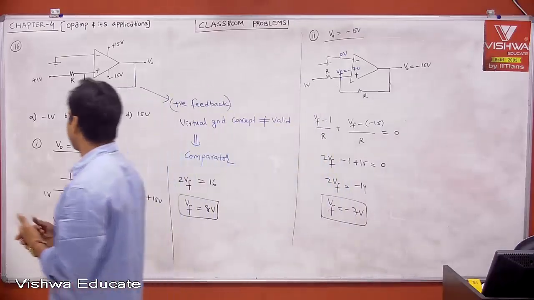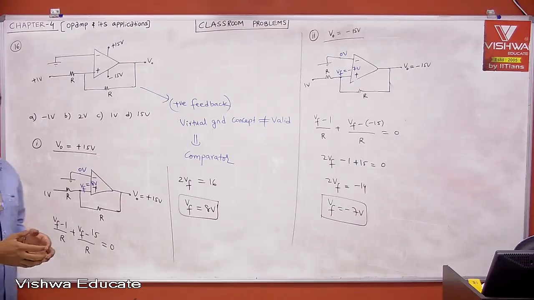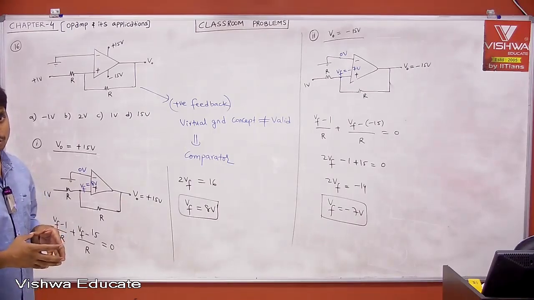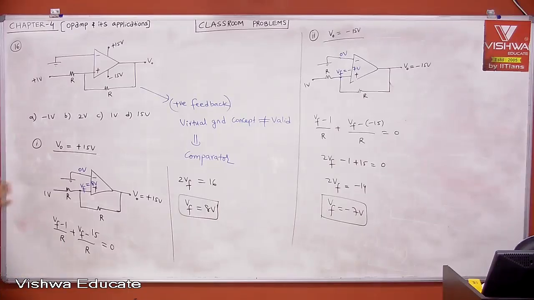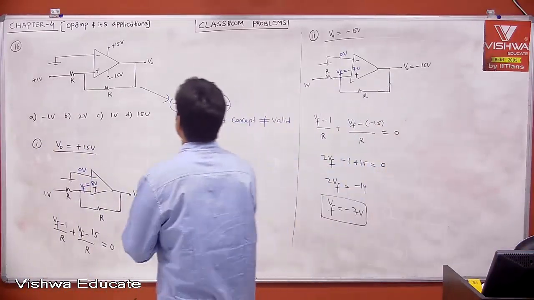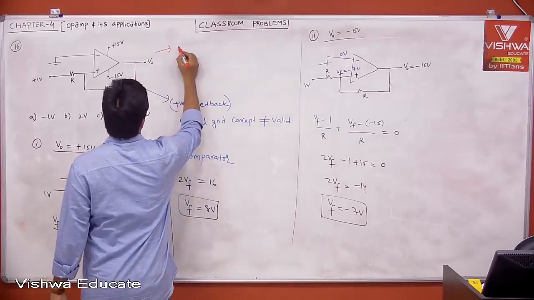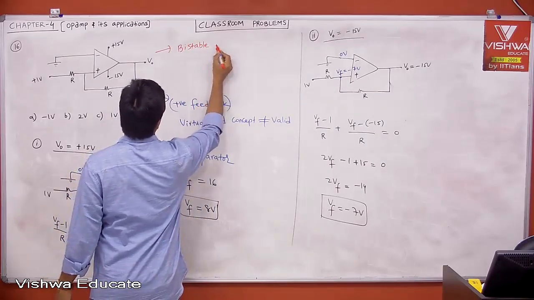The session is over. We have, I think, 2 more minutes. In the next session we will see multivibrators: bistable, monostable and astable. Okay, this is what is bistable element. If you ask me, this is nothing but a bistable element, or multivibrator.